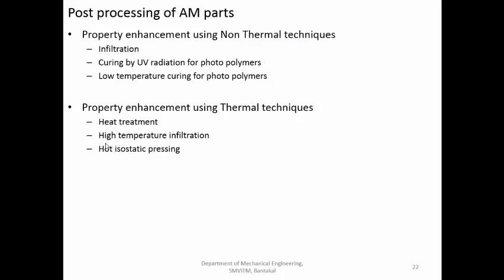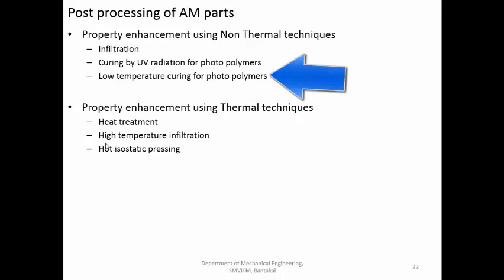Now the next one is low temperature curing for photopolymers. If the component is very thick and the UV light cannot reach all the surfaces of the component, then we will use low temperature curing, so that you slowly heat the workpiece in a closed environment to a very moderate temperature, maybe 70 or 80 degrees centigrade.